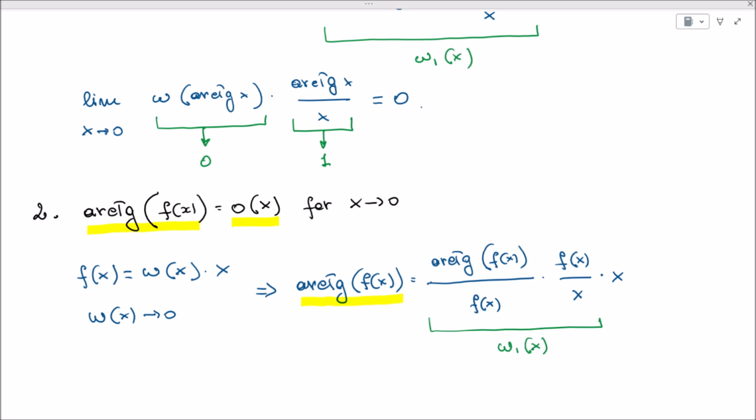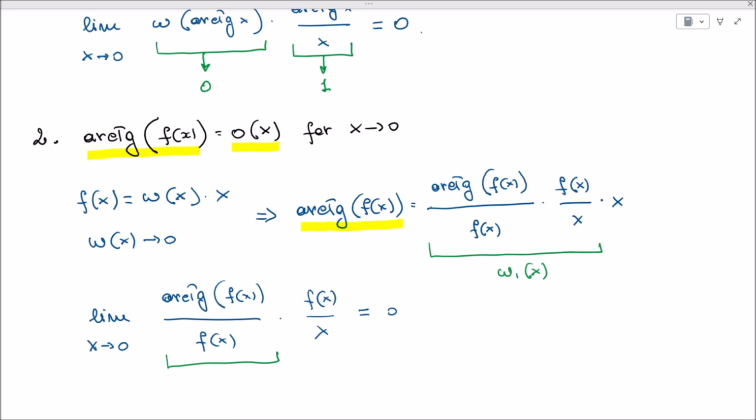So the last thing we need to prove at this point is that the limit as x goes to 0 of arctangent of f of x divided by f of x times f of x divided by x needs to be equal to 0. Let's see if this is the case.